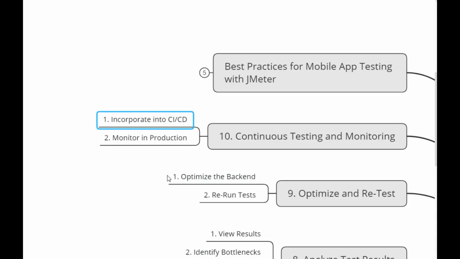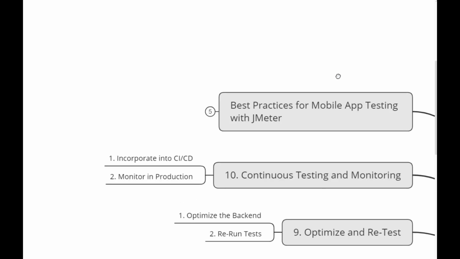Integrate JMeter tests into the CI/CD pipeline to automatically run performance tests whenever there are changes to the backend or mobile app, and use real user monitoring tools alongside synthetic tests to continuously monitor the app's performance in production.